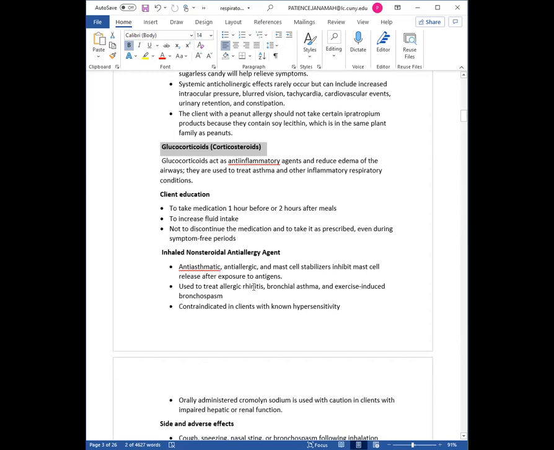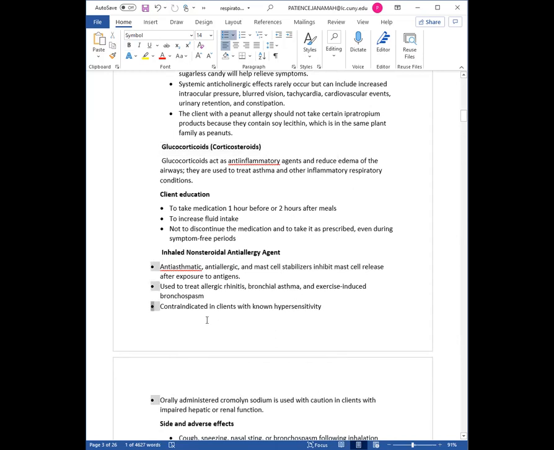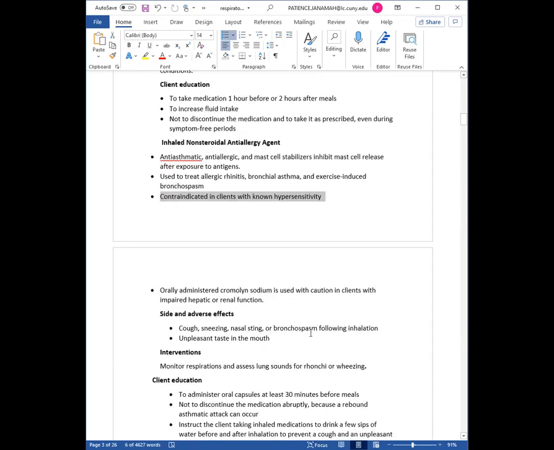They are used to treat allergic rhinitis, bronchial asthma, and exercise-induced bronchospasms, contraindicated in clients with known hypersensitivity. I'm going to skip this particular point because known hypersensitivity applies to all of them. Where you can buy this non-steroidal anti-allergic medication is mostly over the counter, even though they can prescribe it.